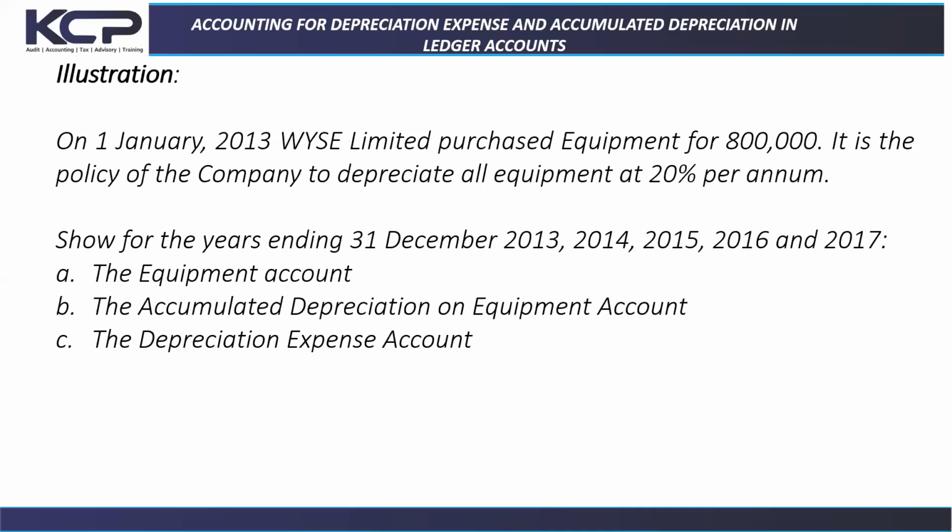You are to do the depreciation estimates using both the straight line method and the reducing balance method. Please confirm if I can move to the next slide. I want to believe you have taken the screenshot so that you'll be able to practice the question and share much later on. Okay.